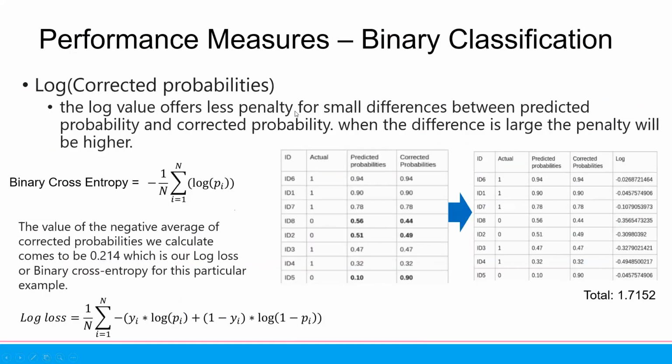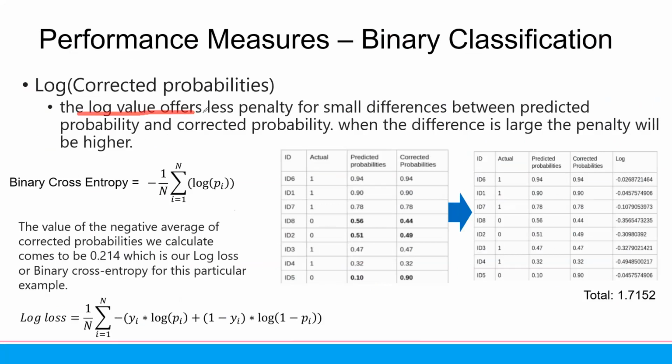Now, after we have the corrected probabilities, we need to take the log. I think you learned last time, when we learned about the neural network, that one of the performance measures is the log loss.